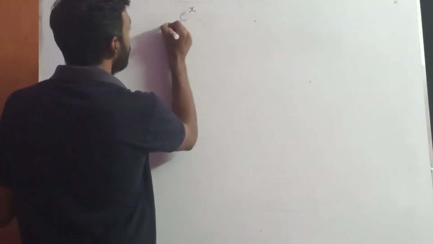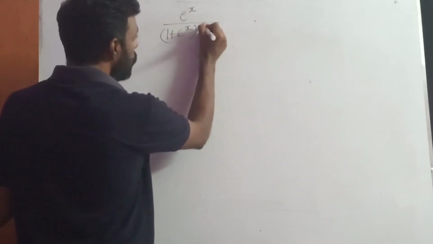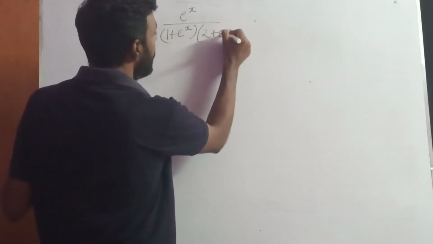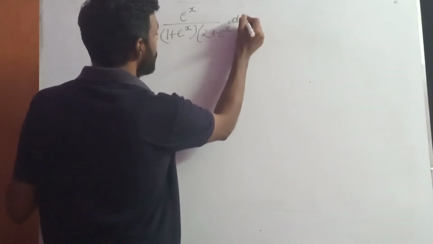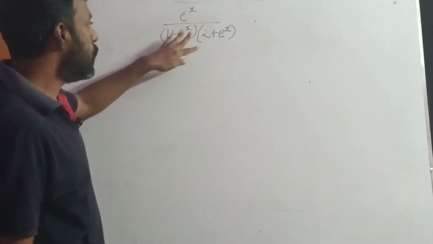I have a question like e to the power x divided by 1 plus e to the power x into 2 plus e to the power x, into dx. I need to integrate it.